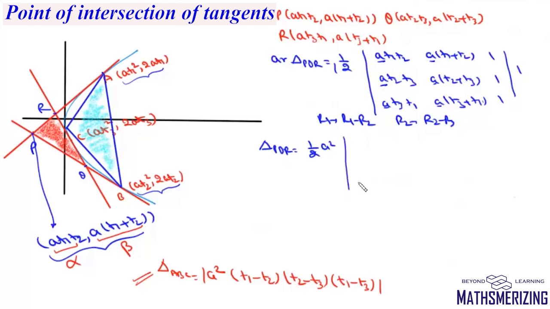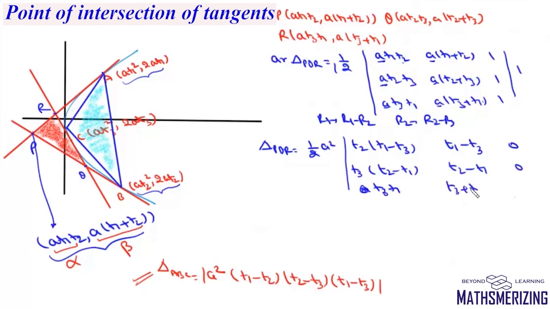So we can write this area of triangle PQR as 1 by 2 A square, and then here we'll take T2 common, so it will be T1 minus T3, and here also it will be T1 minus T3, 0. Here we'll take T3 common, it will be T2 minus T1, T2 minus T1 and 0, and then it will be T3 T1, T3 plus T1, and then 1. So here we can take T1 minus T3 common, and here we'll take T2 minus T1 common, and then we'll expand about this third column.